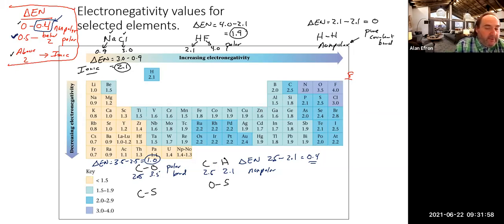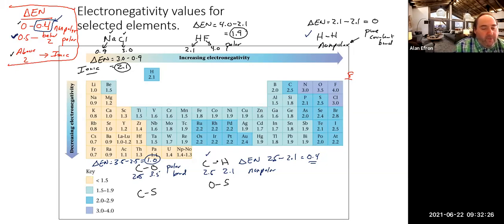Now, this nonpolar bond versus this nonpolar bond, there is a slight difference, right? In the case of H2, we have actually equal sharing of electrons, right? In the case of carbon and hydrogen, it is still considered equal sharing of electrons, but in reality, the electrons would just slightly be moving towards the carbon, right?